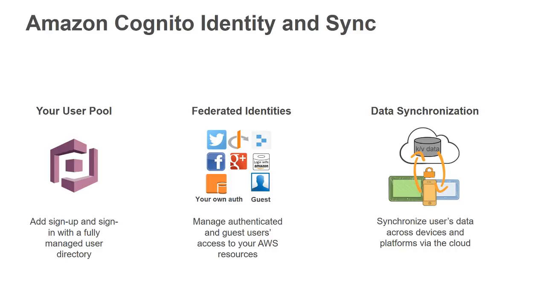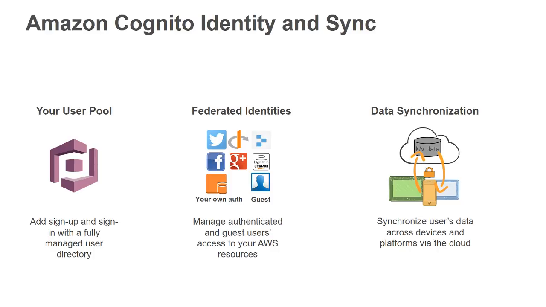Here's another thing, and this is the one that we're going to actually use today. We're going to make a federated identity. Cognito federated identity allows you to manage authentication to your AWS services, and you can do that with tokens, whether you have them log on via Twitter, Facebook, Google, Amazon, or as a guest.